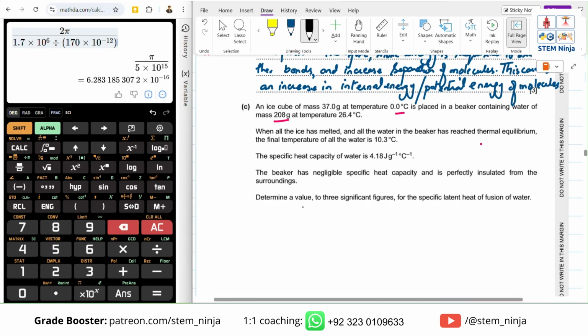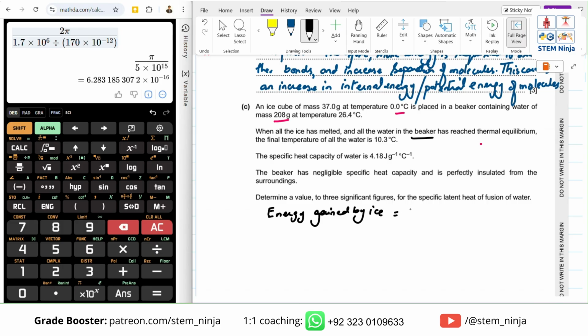Now, to understand this, we need to remember that the energy extracted by ice and the ice water temperature change is actually coming from the water in the beaker. So energy gained by ice is actually coming from energy lost from water. The energy gained by ice is actually two things.